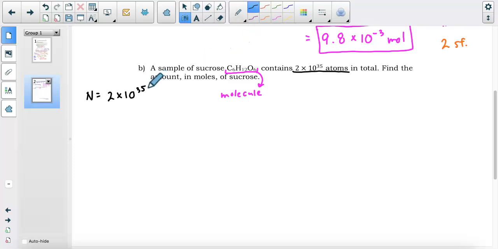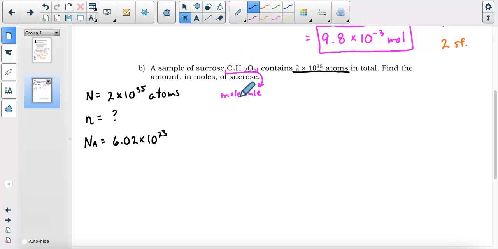Okay, so we were given 2 times 10 to the 35 atoms. We want to find the number of moles. Okay, and then we know Avogadro's constant is NA, 6.02 times 10 to the 23.